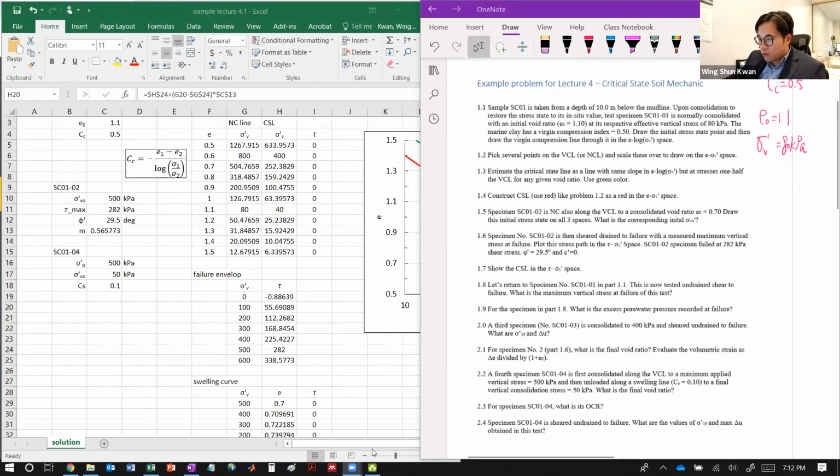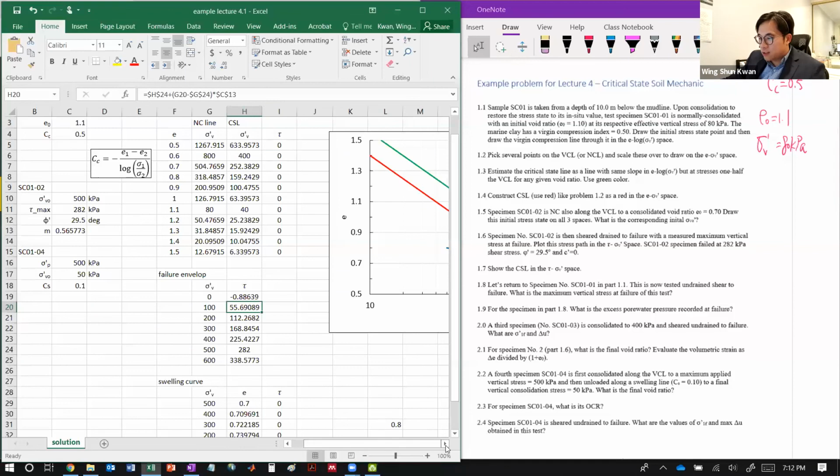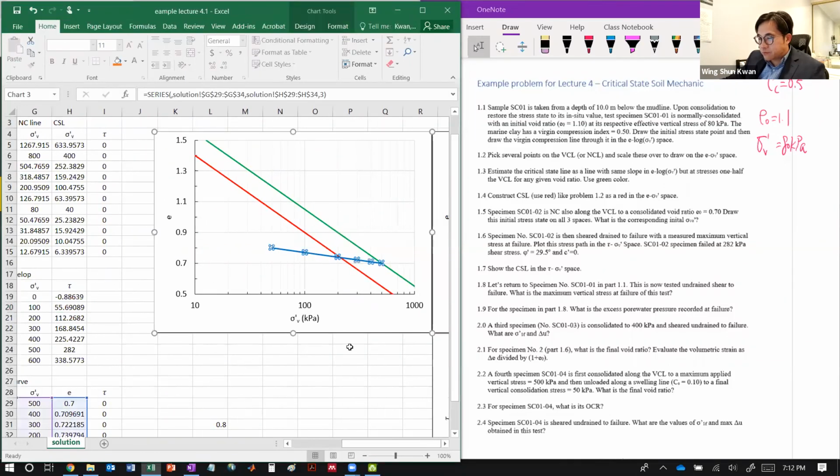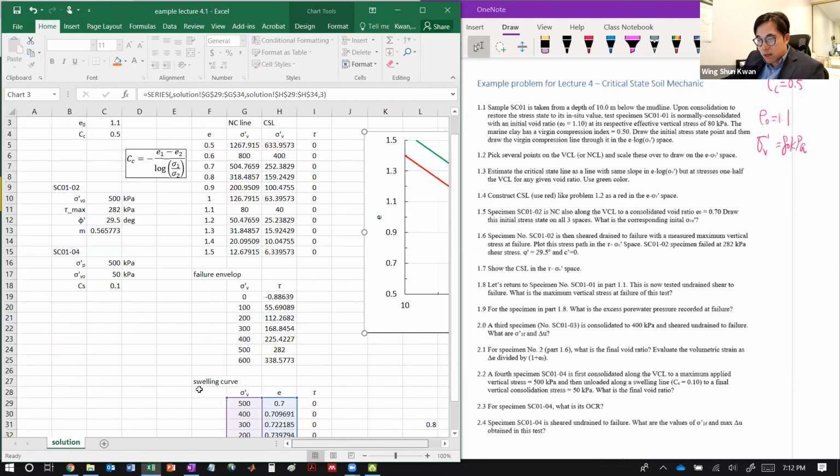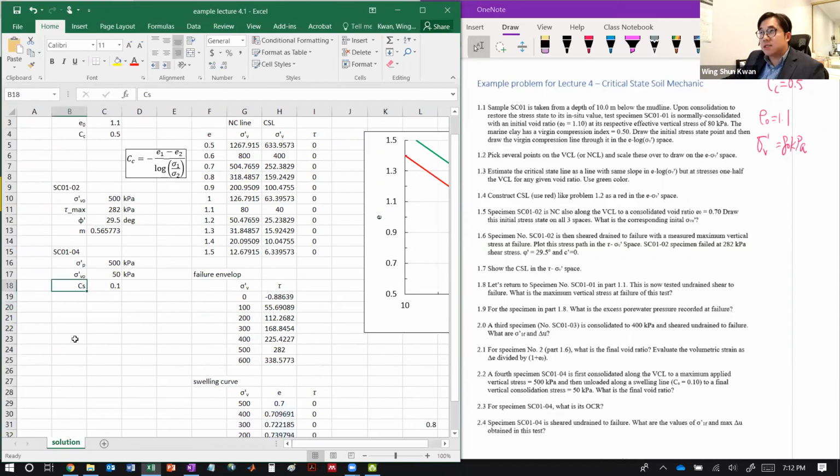But before we conclude this, at some point the problems also talk about the overconsolidated line. I want you to try that by yourself too, because again, you need one point, and the point is where you do the rebound, and the problem gives you the slope, which is the C sub R, also called C sub S. So C sub R is equal to C sub S. They are the same thing, because the recompression index is the same as the swelling index.